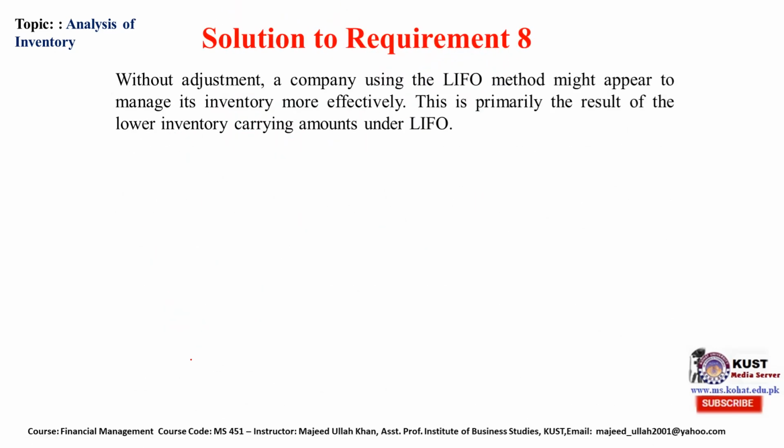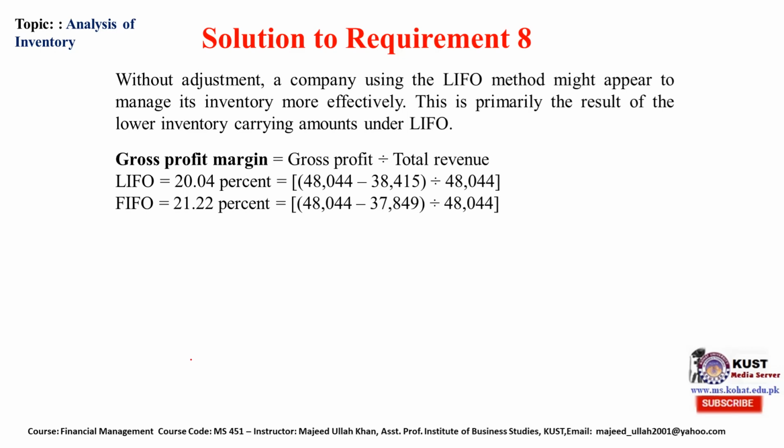Now, what would happen to the gross profit margin? Gross profit margin is equal to gross profit divided by total revenue. That is gross profit under LIFO. This is sale minus cost of goods sold. So gross profit under LIFO method is lower as compared to gross profit under FIFO method.